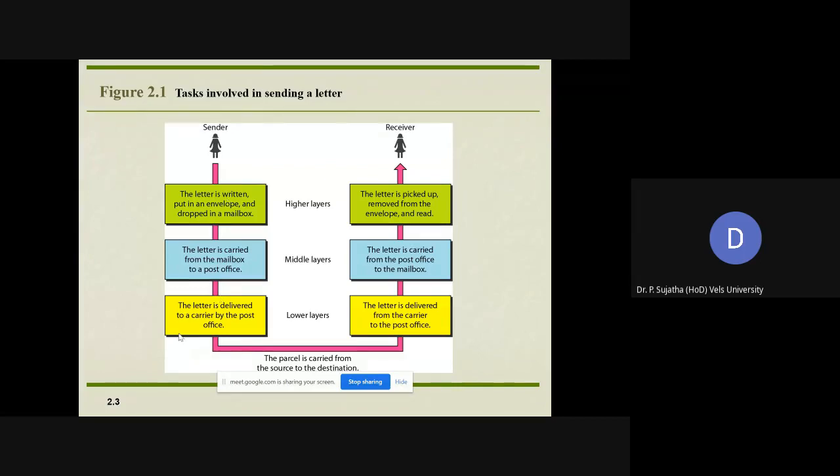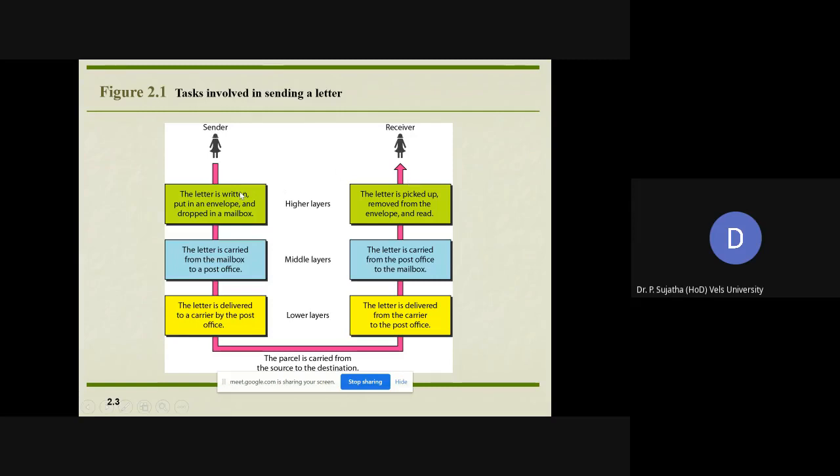Then in the middle layer, from the post box, the postman collects the letter and hands it over to the post office. Then in the lower layer, the post office collects all the letters and transmits your letter to the destination. Then at the destination side, that is the receiver side, the process again starts from the lower layer to the higher layer.